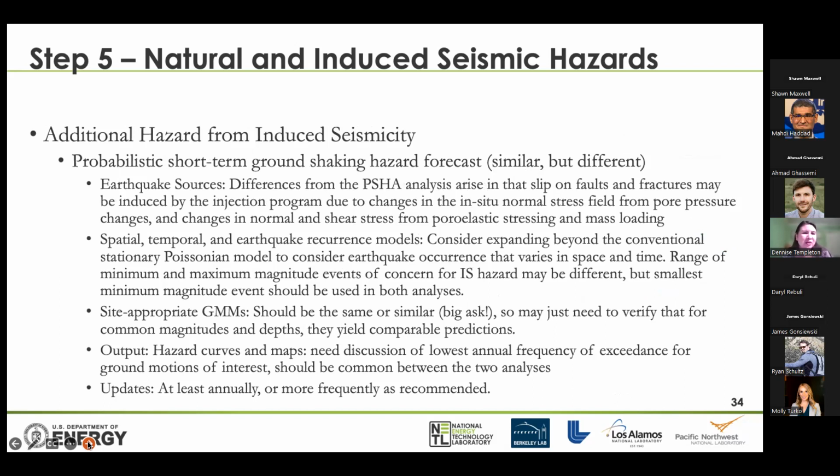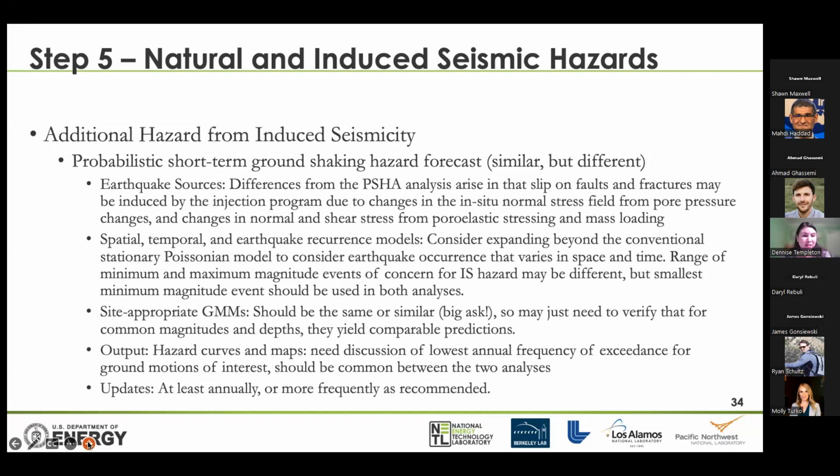When we start talking about the additional hazard from induced seismicity, we're talking about a probabilistic short-term ground shaking hazard forecast. The differences from the tectonic PSHA analysis arise because the slip on the faults and fractures may be induced by the injection program, due to changes in stress from pore pressure changes.